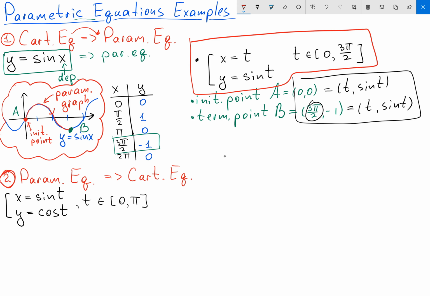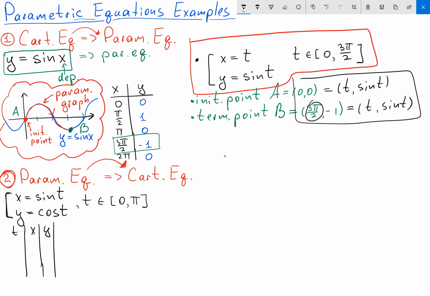For this example, I want to go in the opposite direction: from parametric equations into a Cartesian equation. First, let's find the parametric graph for this function, x equals sine t, y equals cosine t. One of the easiest ways is to use a table. We have t, and we also have x and y components.